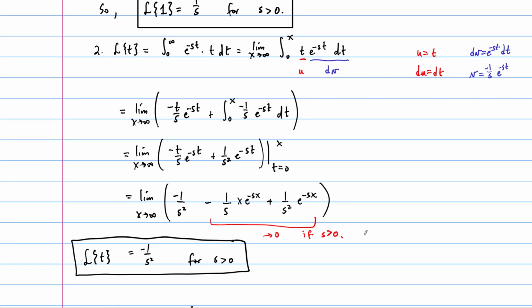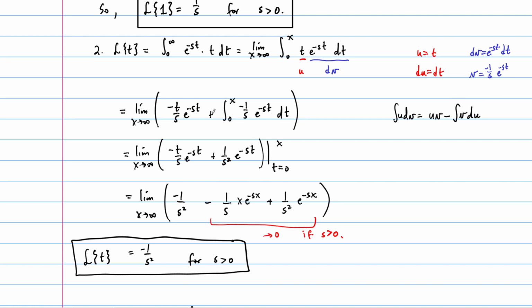So it's very similar to the first one. Now before I continue, I'm sure most of you noticed that I made a very grave mistake here. To get this sign is wrong, right? What did I do wrong? The integral of u dv in the integration by parts formula is u times v minus the integral of v du.